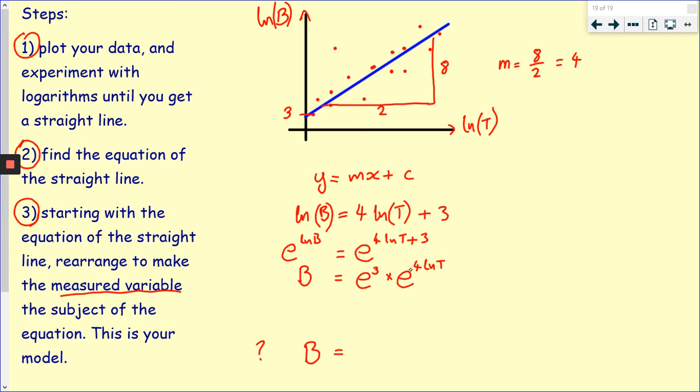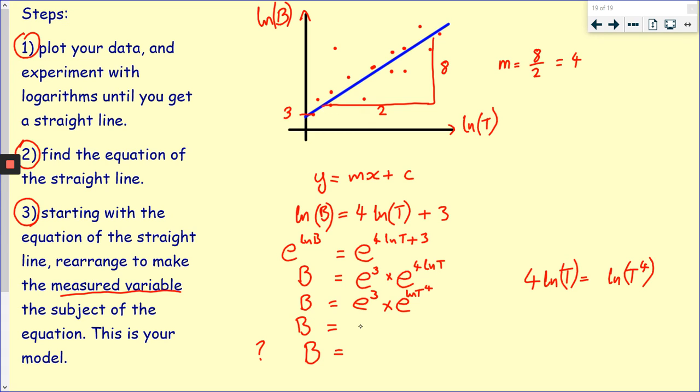We can use the power rule for logarithms. We know that 4 ln T is equal to ln of T to the power of 4, the same thing. So we can now say that B equals e to the 3 times e to the ln of T to the power of 4. Now e to the ln is going to cancel.